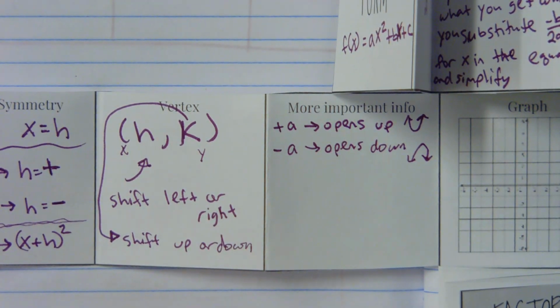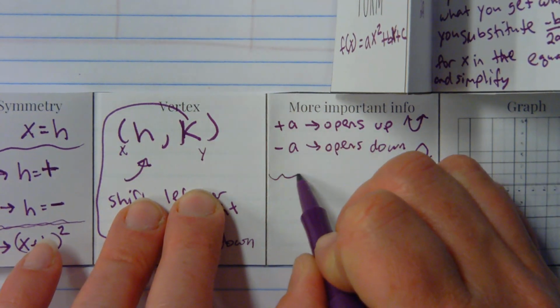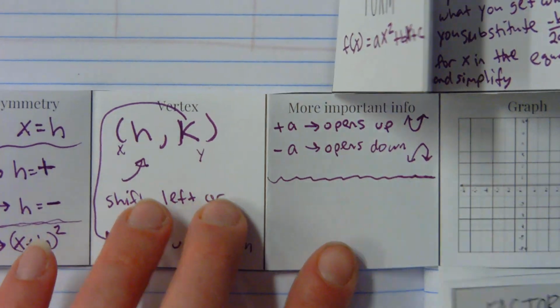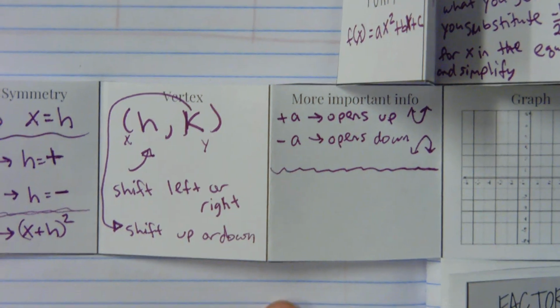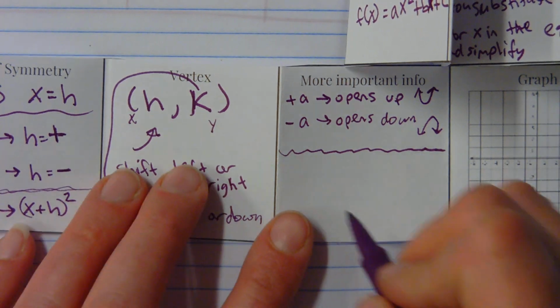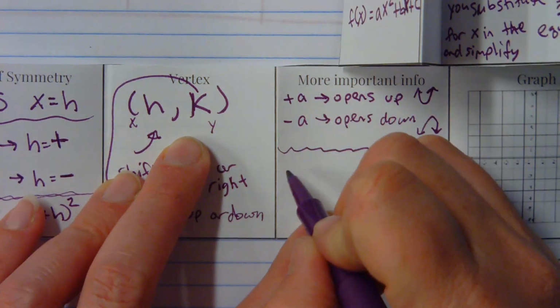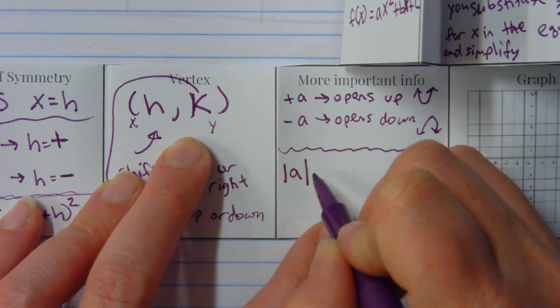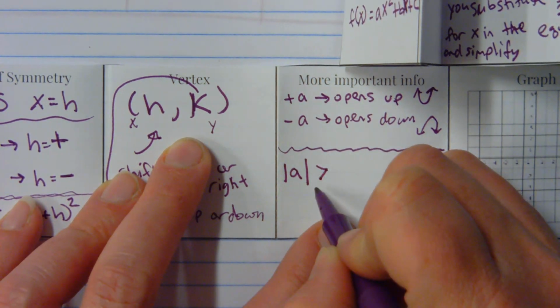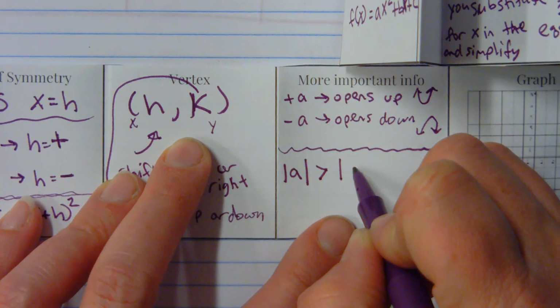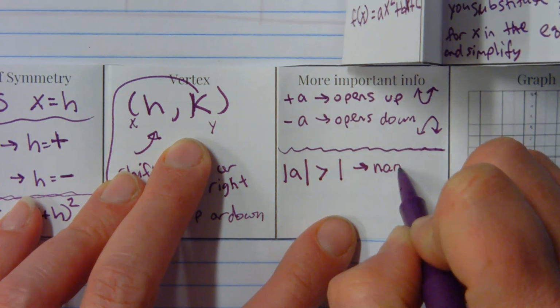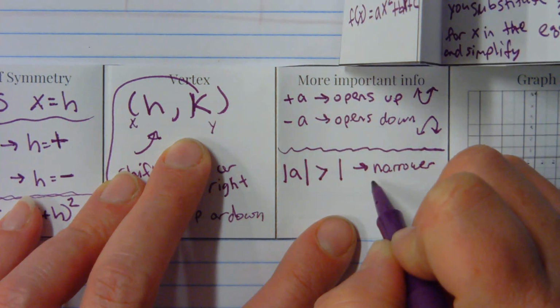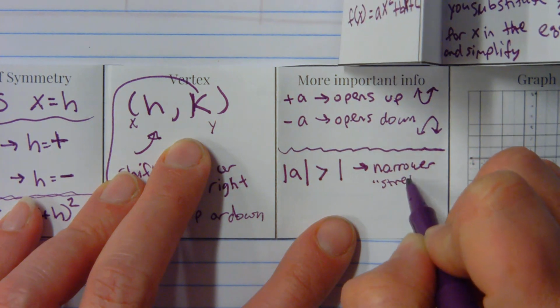And then, something else a lot of you noticed when you were playing around with it, I said I want to make it narrower or skinnier, or we call that having a stretch. Whatever this A value is, if the absolute value of your A is greater than 1, then we know that it's narrower, or we can call that has a stretch.